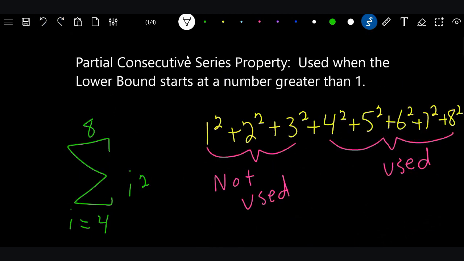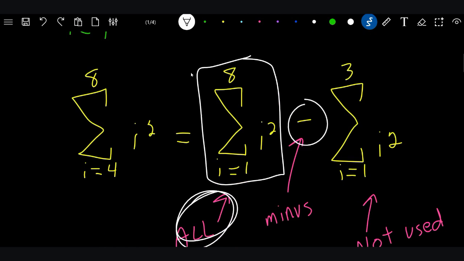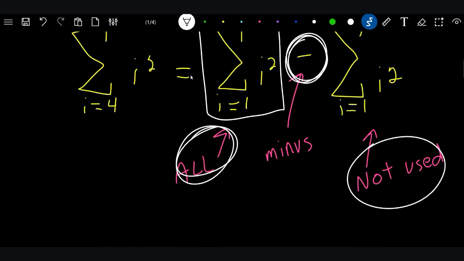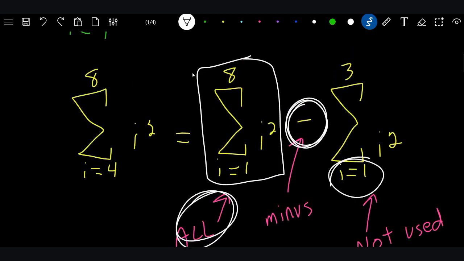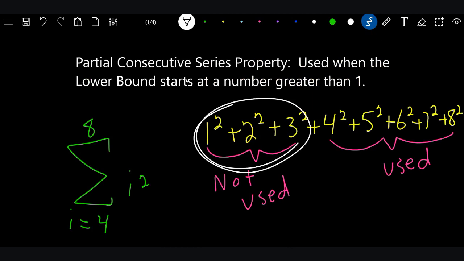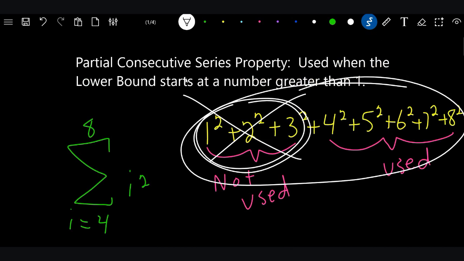And I am subtracting the ones I'm not using. Which ones am I not using? I'm not using 1 through 3. I need to get rid of these. So I solve for all of them, and then I subtract the 3 that I don't need. That's the way this needs to be done.